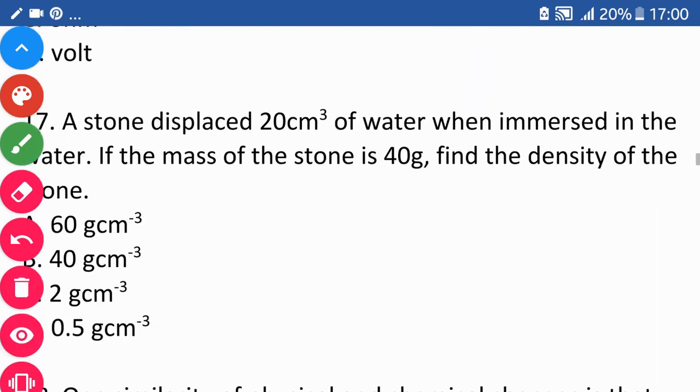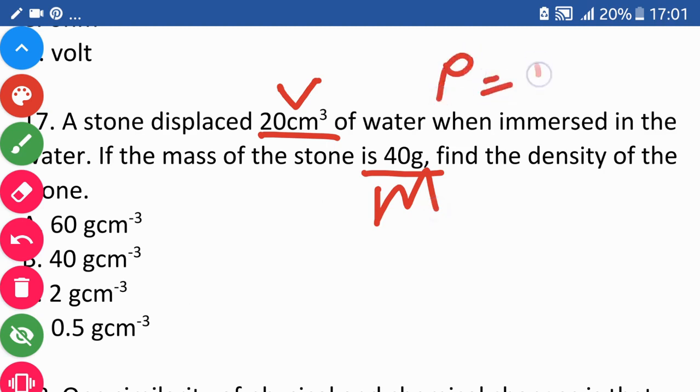A stone displaces 20 cm³ of water, so that's the volume. When immersed in the water, the mass of the stone is 40. Find the density. We know that density equals mass over volume.